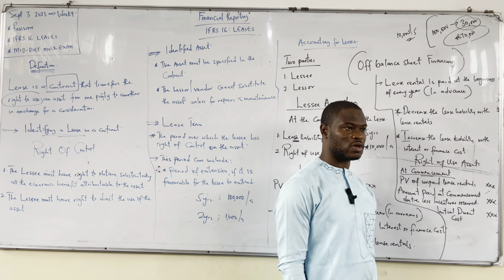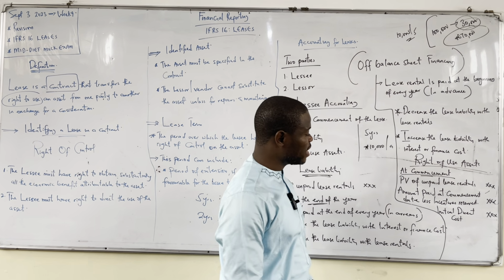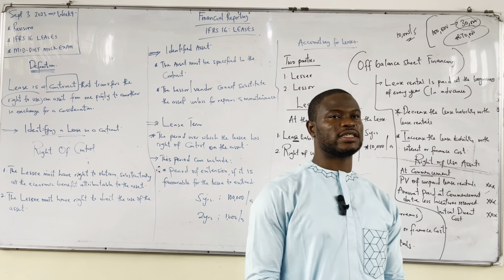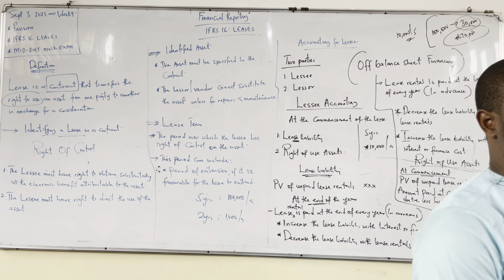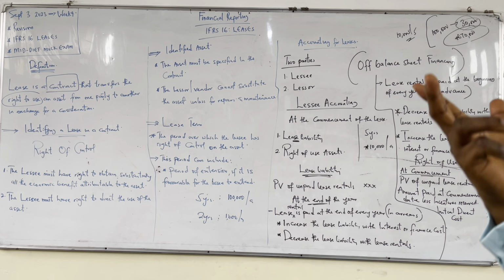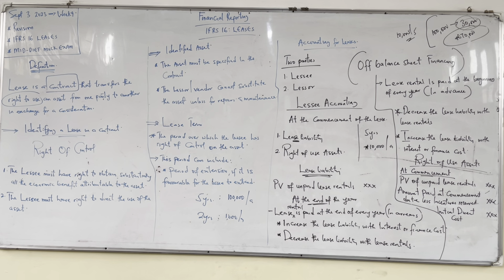That is also added. And finally, what you can also add is, if you remember, initial estimate of dismantling, removal, and restoring the site to its initial condition. The same thing as we did in IFRS 16. If that is a condition here too, we have to consider that too.